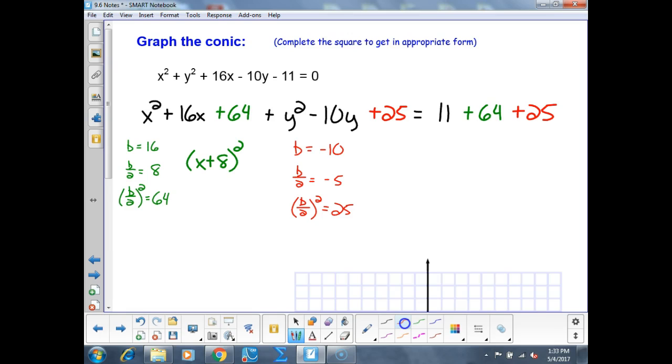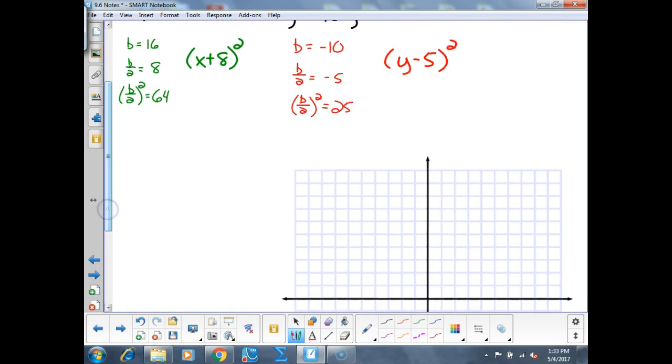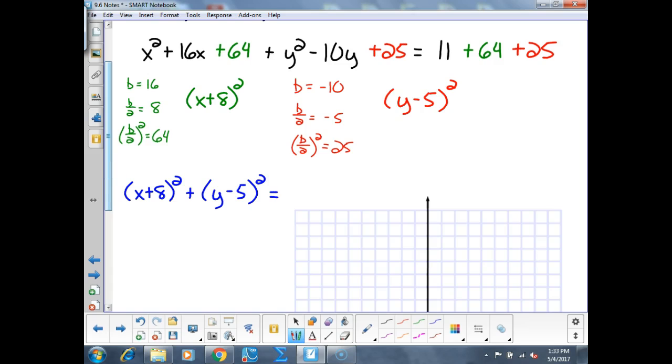And this one factors down to be y minus 5 quantity squared. Now, since you guys said that this was a circle, I can go right to x plus 8 quantity squared plus y minus 5 quantity squared equals 11 plus 64 plus 25 is 100.